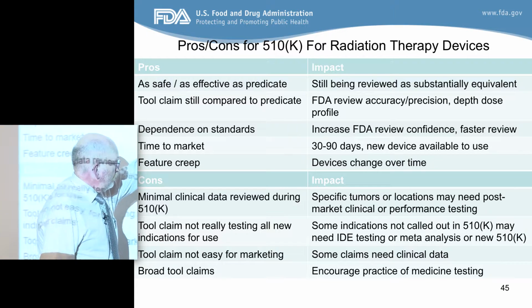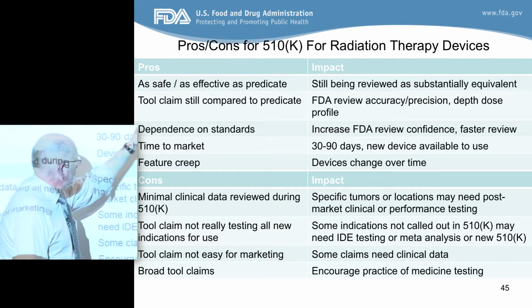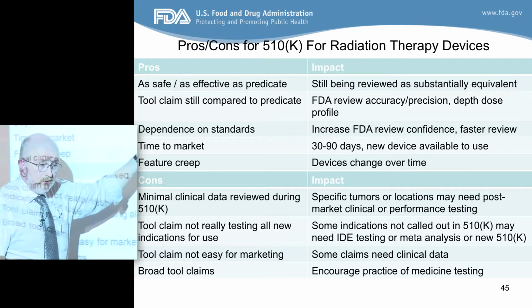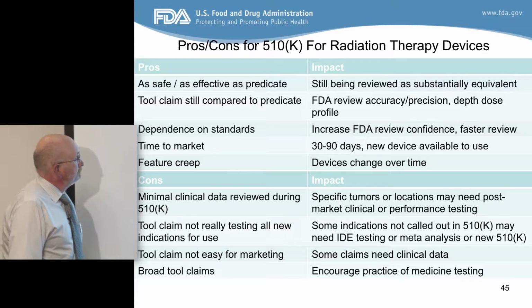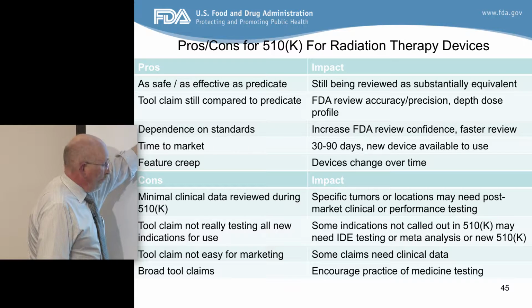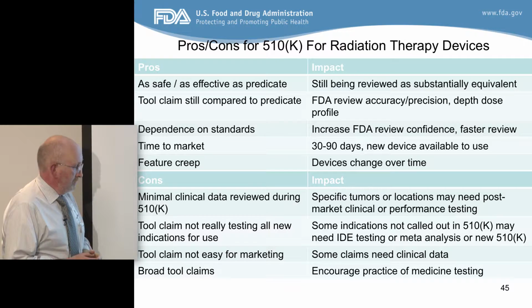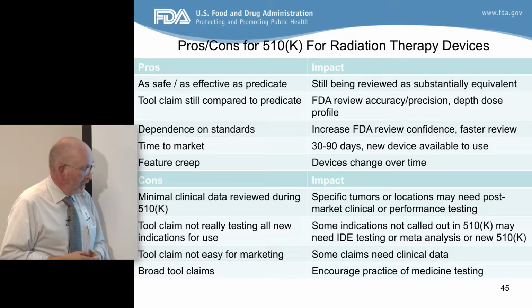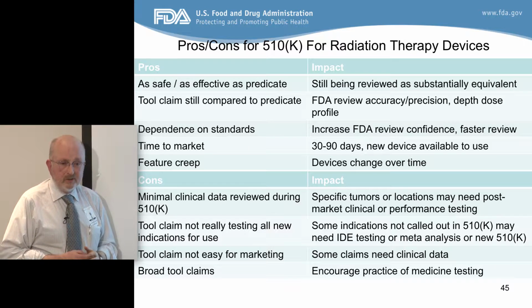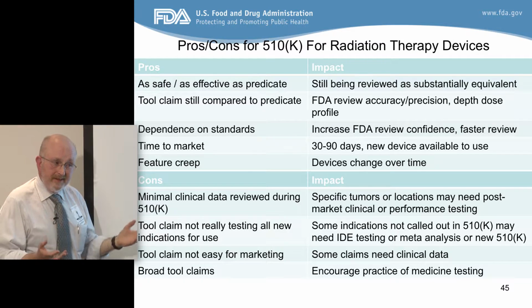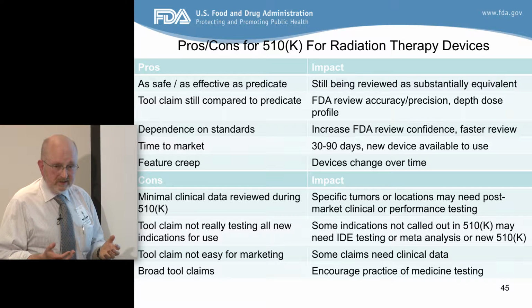And we review the accuracy and precision depth dose profile of both devices. What else does the tool claim do? The tool claim and the 510K process put these devices in clinical hands quicker.